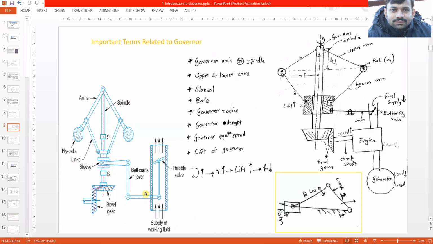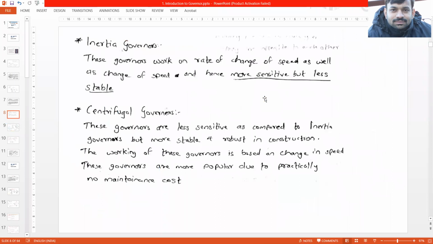And how it works. We saw an animated video in which we saw the working of the governor and how the radius and height change with the change in the load and speed, and with the help of the sleeve, how the throttle valve is controlled. This we saw with the help of an animated video, right?